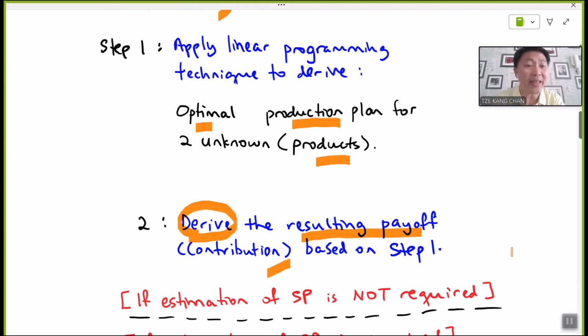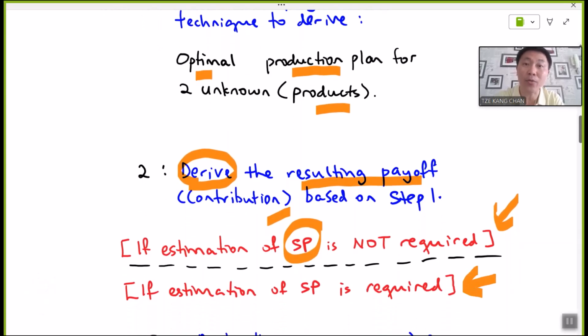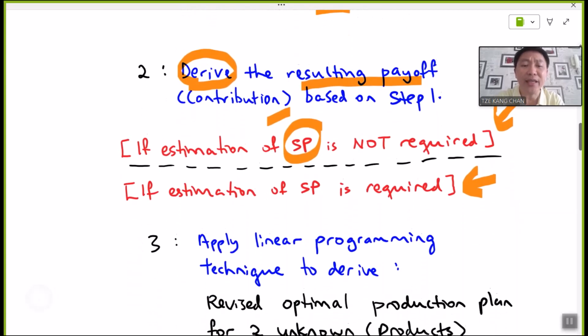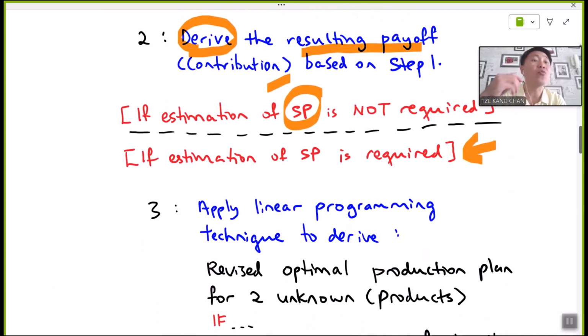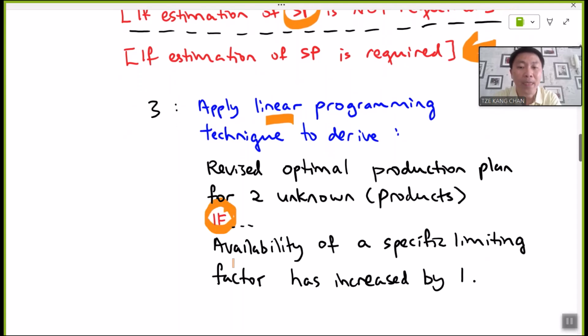And that will be the end result if the question is not requiring the estimation of the value of shadow prices. However, should estimations of shadow prices be required, you may need to take the step further by reapplying the linear programming technique in step 3, based upon the situation where the availability of such specific limiting factor has now increased by one additional unit.